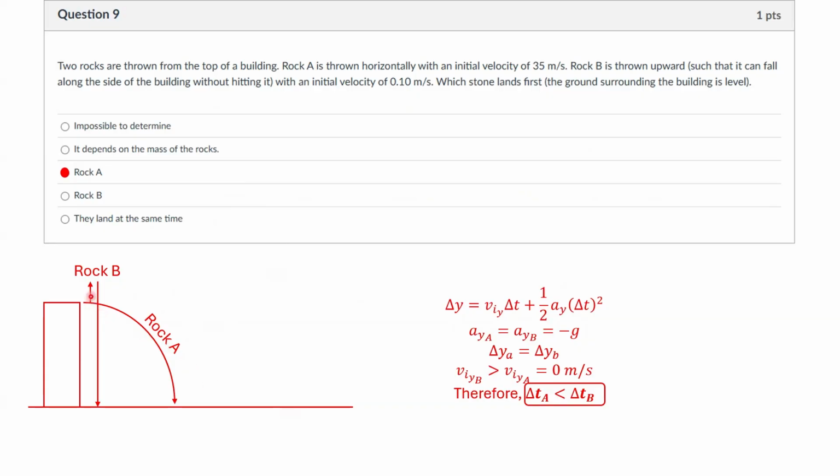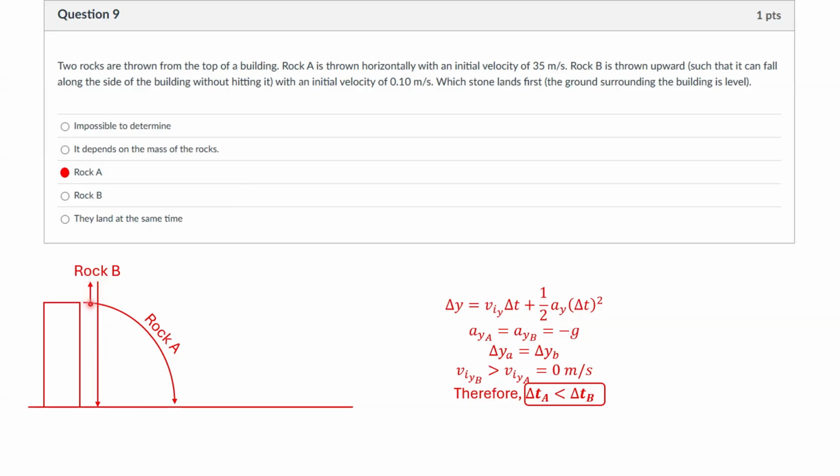By comparison, rock B had an initial vertical component of velocity. It was pointed upward and greater than 0. Therefore, before rock B can fall, it must first rise and come to a stop. That additional time will cause rock B to land after rock A, because rock B will not start its journey downward until it's at a greater height at a later point in time.